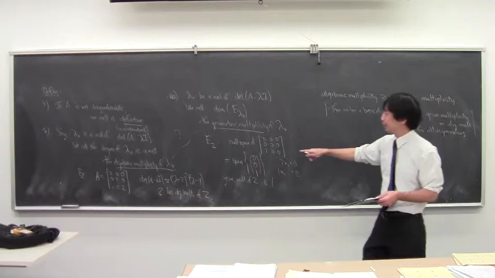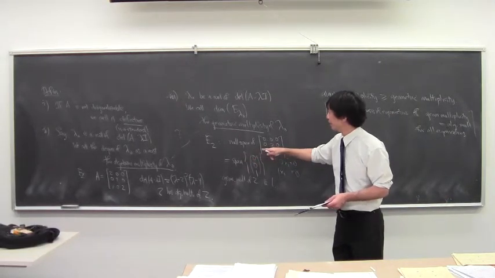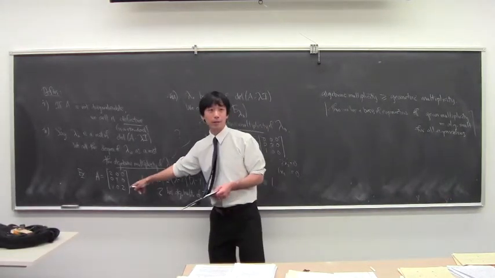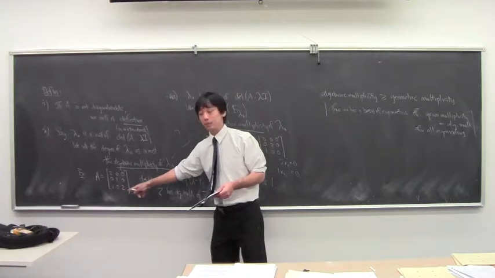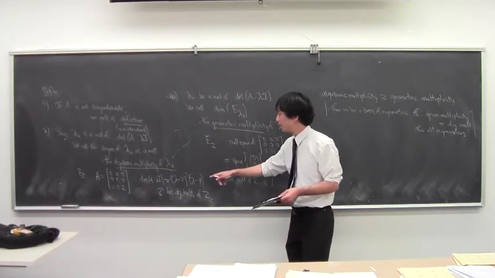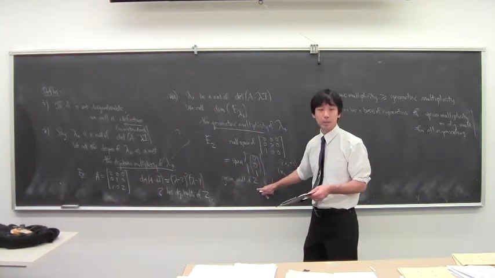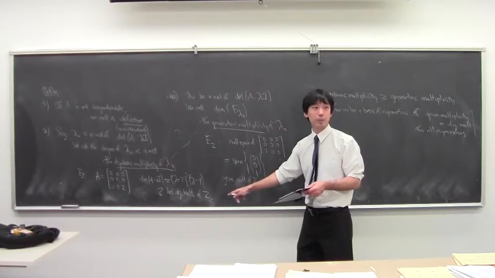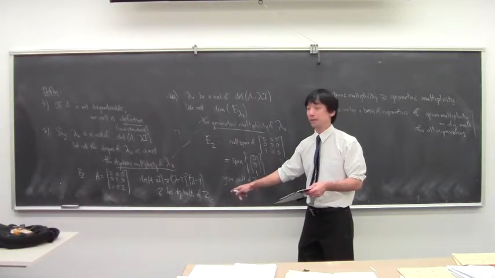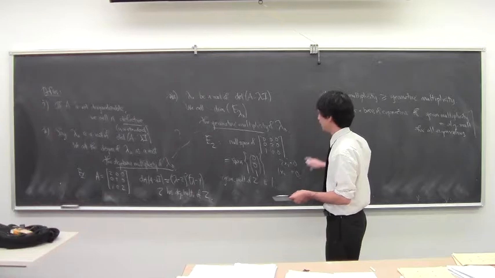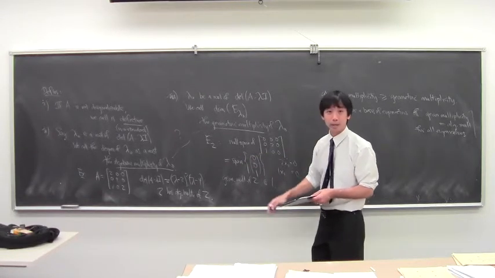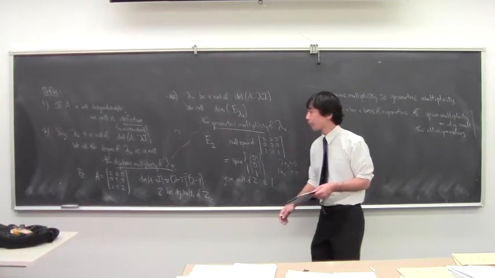So we know, for example, that this matrix is not diagonalizable, because we just saw that for one eigenvalue, the geometric multiplicity is not equal to the algebraic. So you can't diagonalize it.